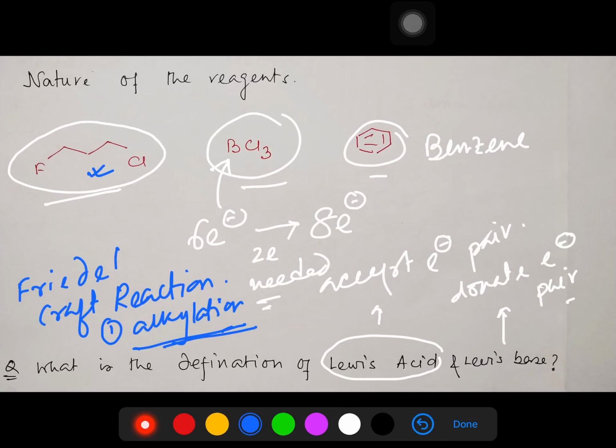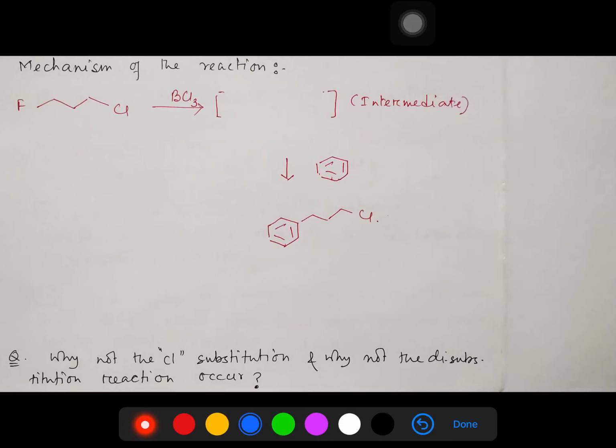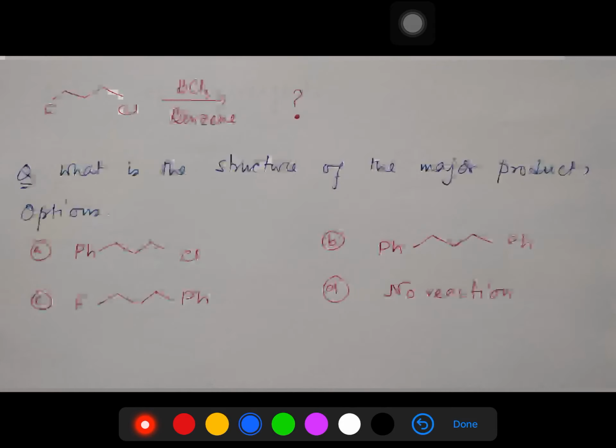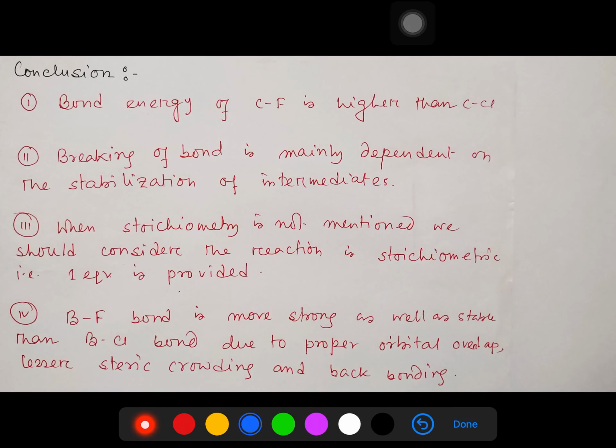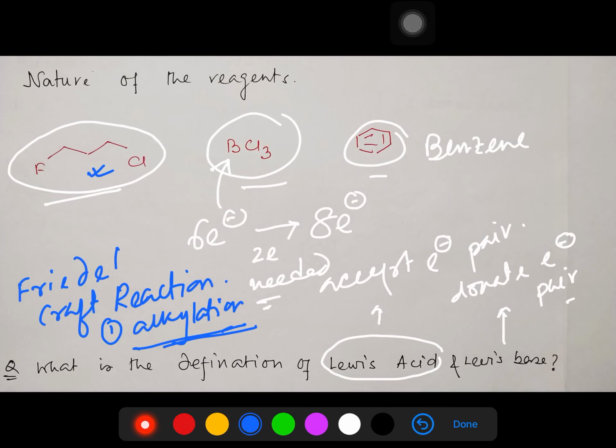Now let's discuss the mechanism of the reaction. The Friedel-Crafts reaction needs an alkyl halide, and the halogen, either chlorine or fluorine, is removable and goes to bind to the Lewis acid.